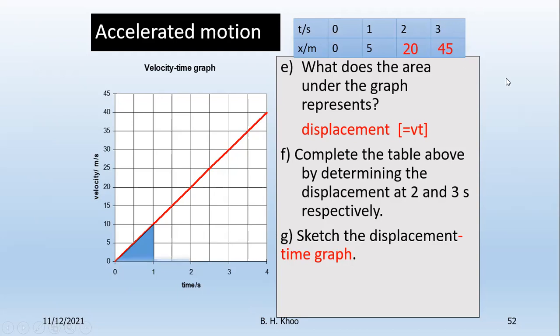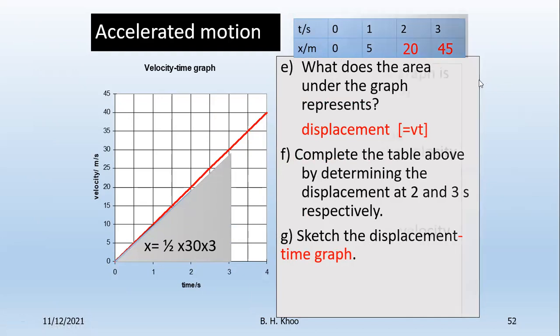So I get 45. Right? So that's for 2 seconds, area of the triangle, so I get 20. For 3 seconds, area of this triangle, so I get 45.